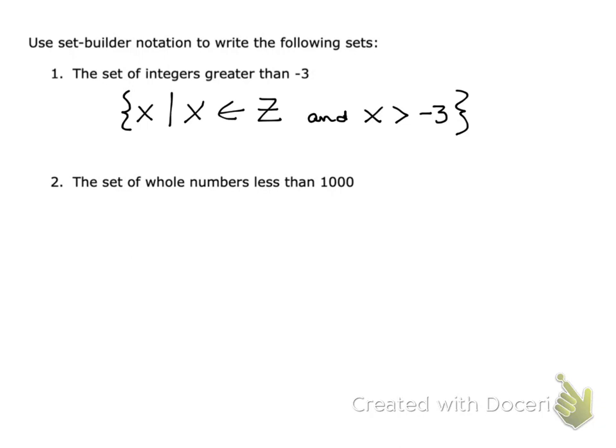So this is going to include any element that's in the integers and greater than -3. So we'd have -2, -1, 0, 1, 2, 3, all the way on up. All of those would be elements.